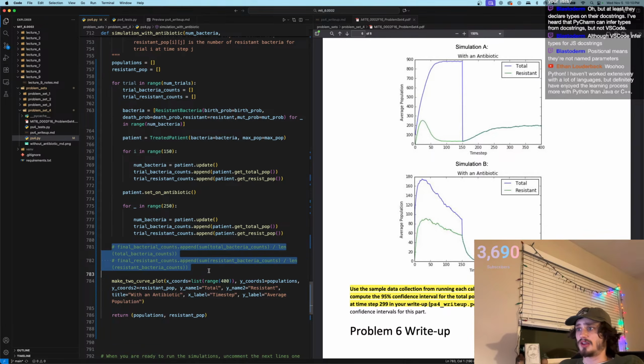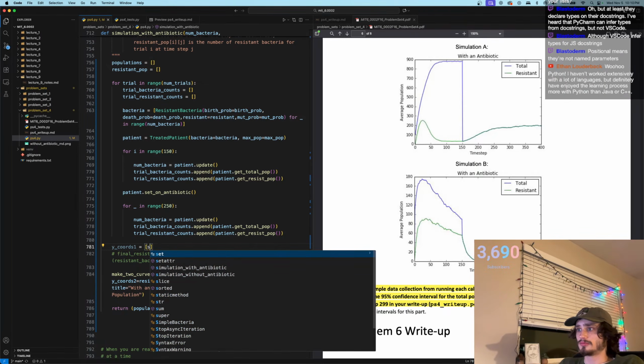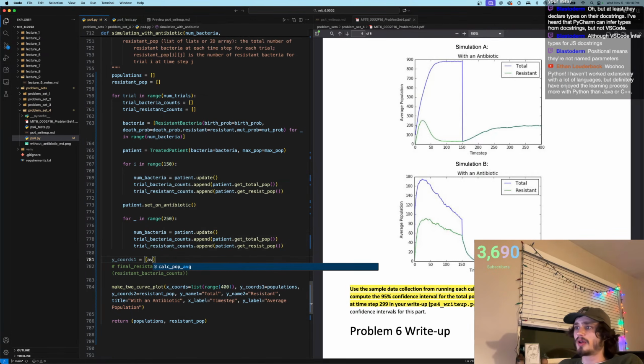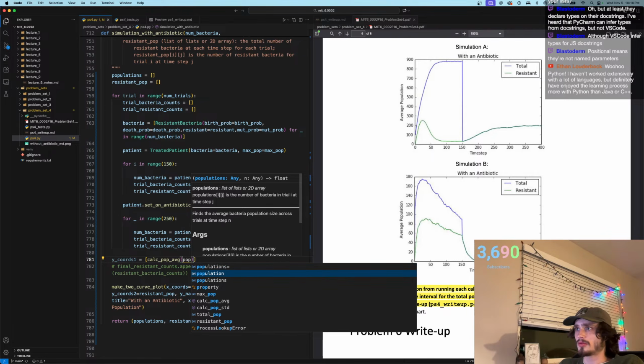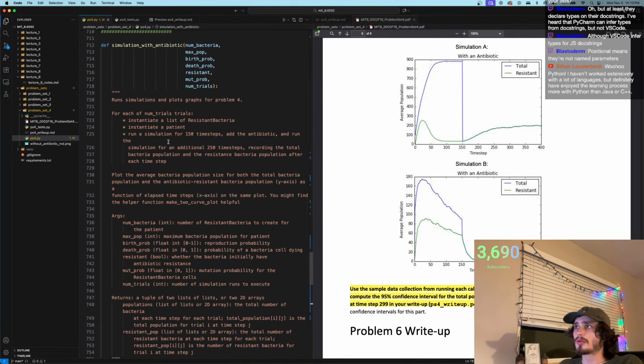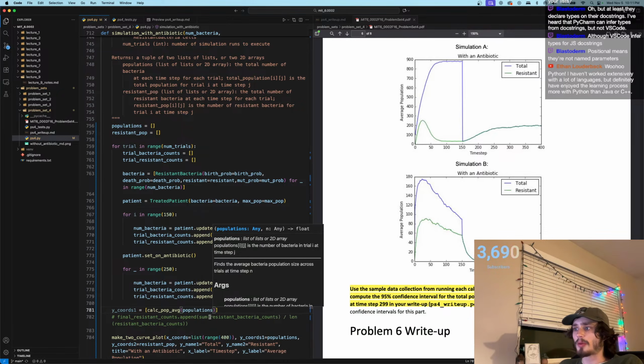So what we need to do is we need to take y coords 1 is equal to a list, or we're going to say calculate population average, populations.